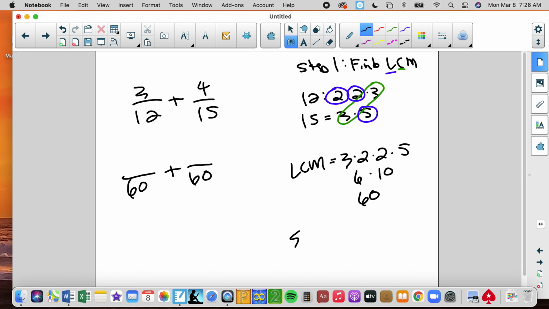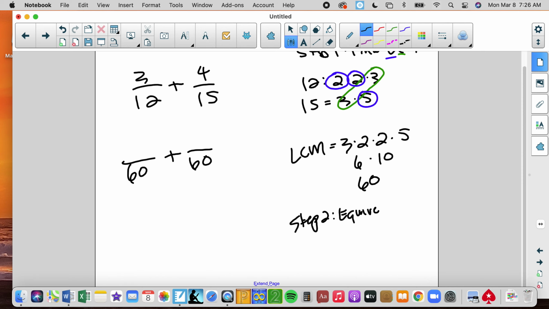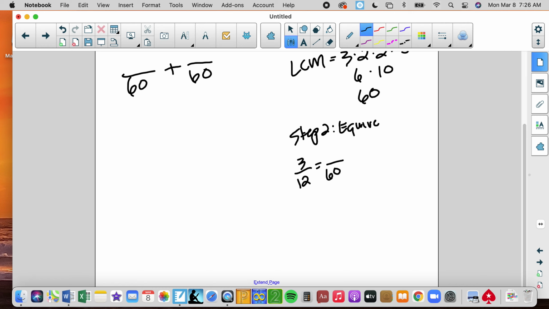Now step 2 is equivalencies. Let's find equivalent fractions. 3/12 is equivalent to how many 60ths? Well, that's 5 times 3, which is 15.